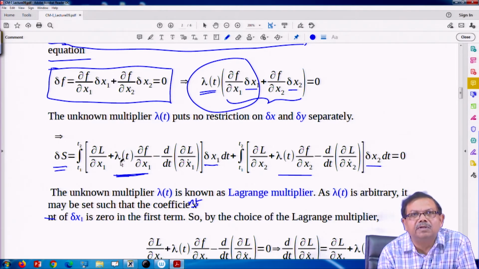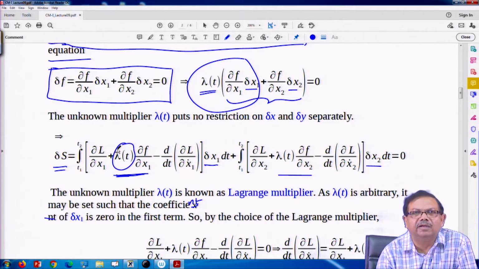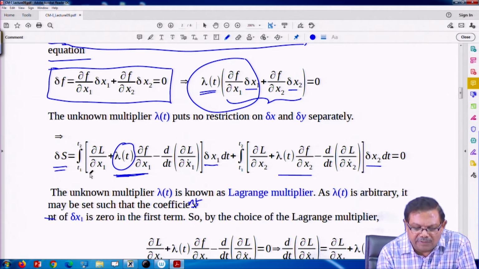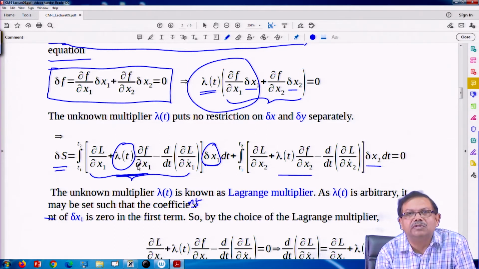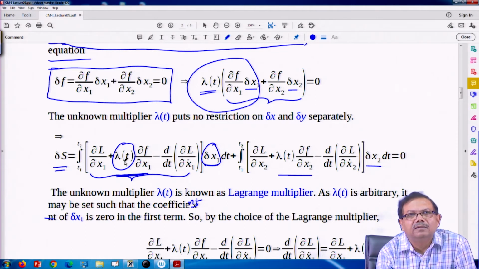Since this is an arbitrary parameter, I can choose its value in any one of the integrals. So, let us choose in the first one. The value of lambda I select in such a way that this integral, which is the coefficient of delta x 1, becomes 0. Since I have a parameter in my hand, I can set its value positive, negative, any value.